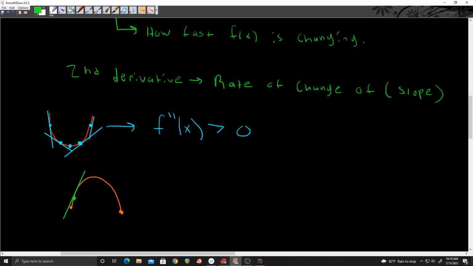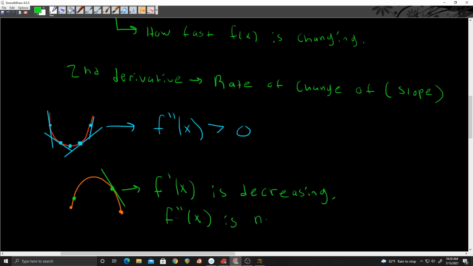Then as we keep going left to right, at the maximum the slope is exactly 0. Then as we keep going to the right, the slope is negative. So in other words, here the first derivative is decreasing. What that means is that my second derivative is negative.